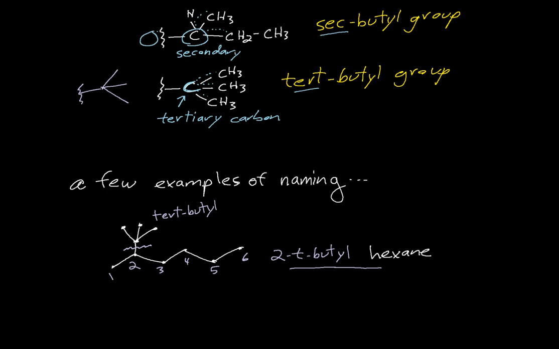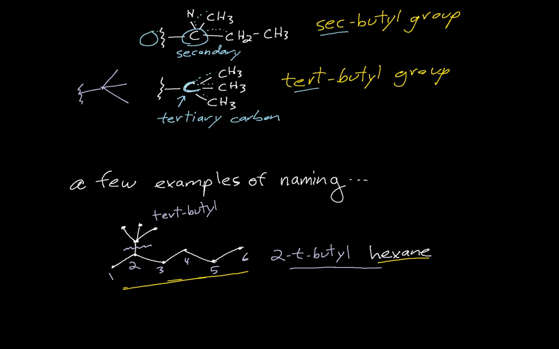Now, we're supposed to name compounds by finding the longest parent chain. So I proceeded here showing 1, 2, 3, 4, 5, 6 as the longest chain and the parent name of the compound, hexane.